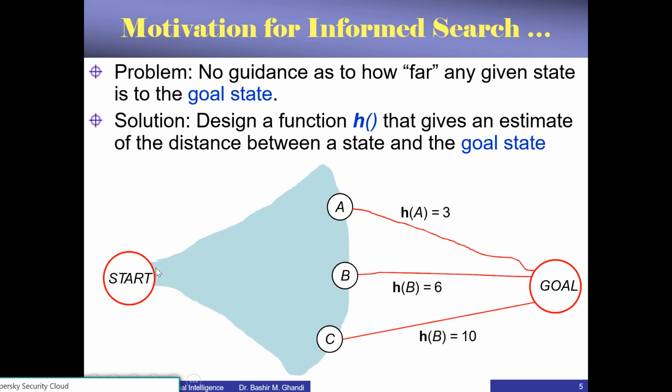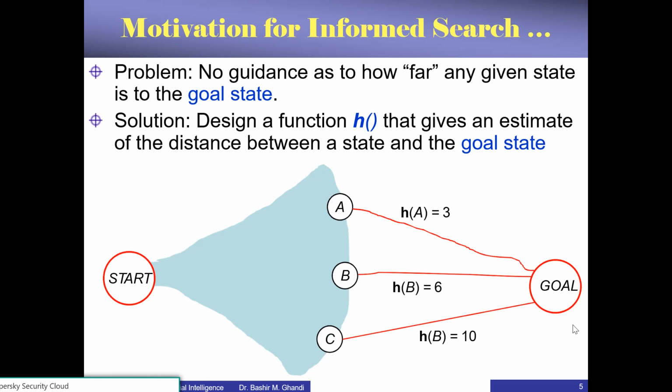It may have a smaller cost to reach B, but if it will cost much more from B to the goal state compared to from A to the goal, definitely it would have been better to follow A instead of B. So this is the point.